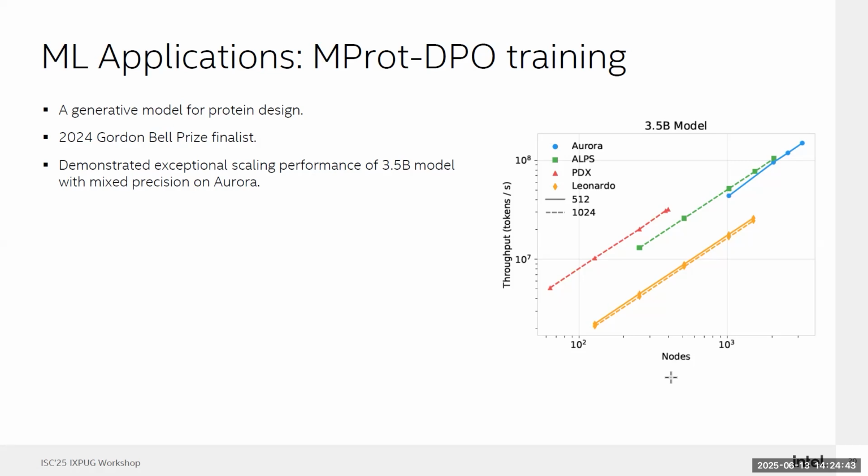It runs on several systems, and you can see that on Aurora, the blue bar at the top shows the number of nodes and the number of tokens that it can scale to, and it is linear. This application has a lot of data transfer, all these all-reduces that occur, and the data size is sufficiently large to make it scalable.